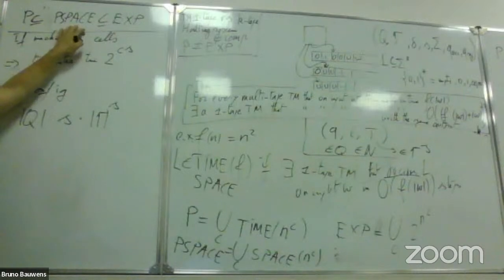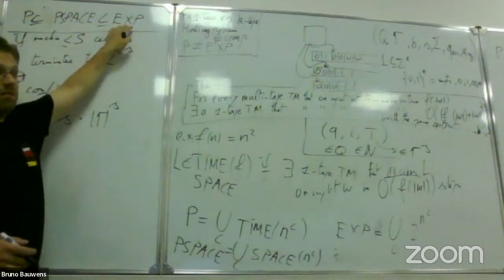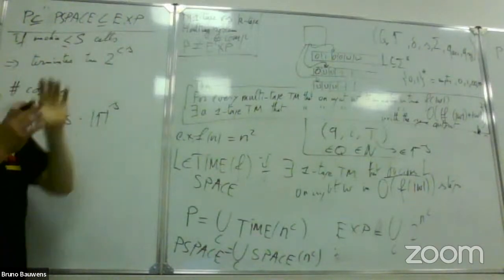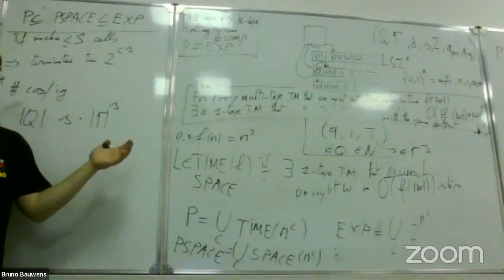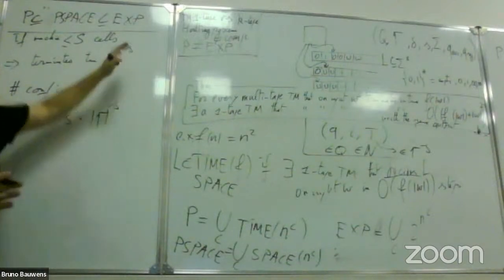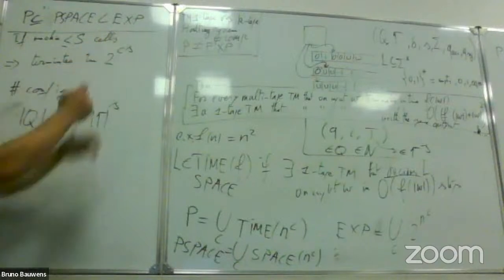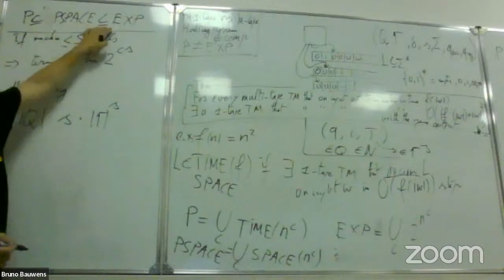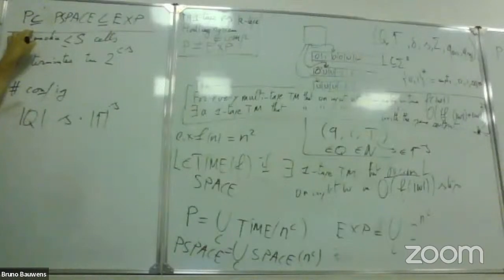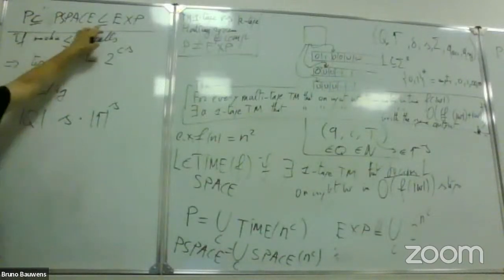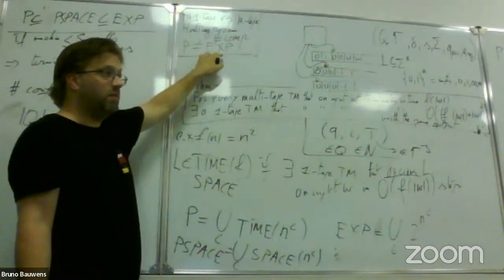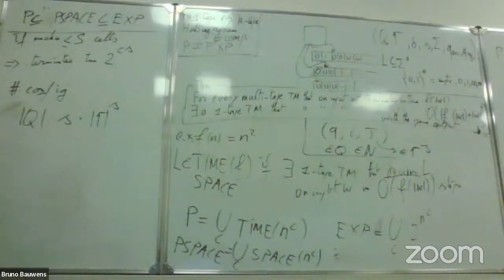Then there is a question: maybe a computation runs very long. It might be true that PSPACE is equal to EXP. That means that if a computation runs very long, we can at least do it with small memory. It's an open question. But we cannot have equality on both. It would be amazing news if at least one of them was equal, but we cannot have both of them equal because we will prove that P differs from EXP in this lecture. So this is our goal.